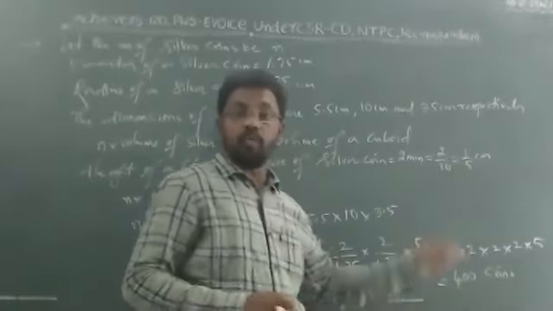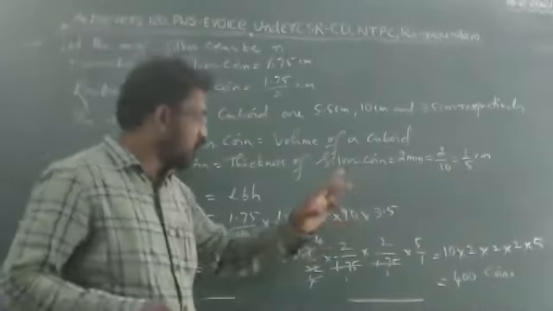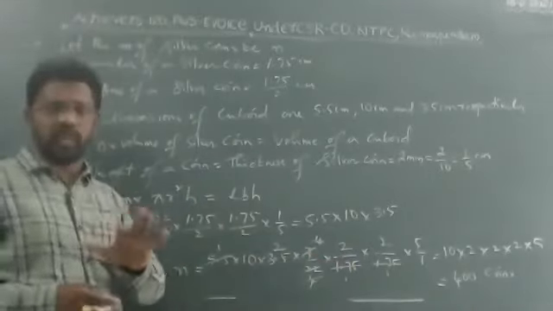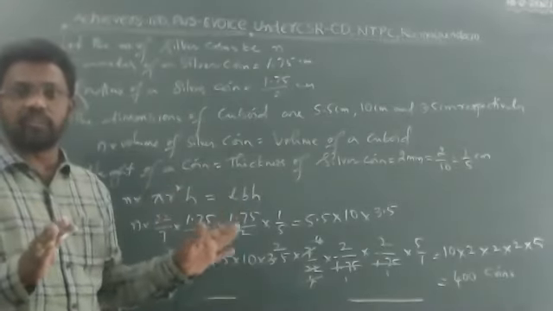How many did you get? 400 coins. This is a very easy, simple calculation. You should not multiply everything and then do division. No, this is not the way to do it.